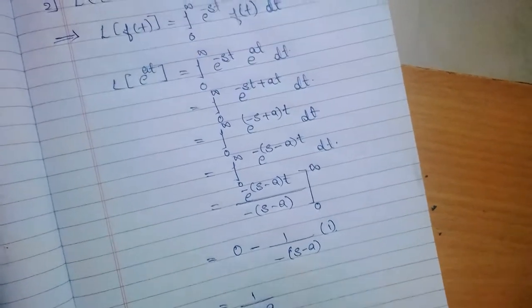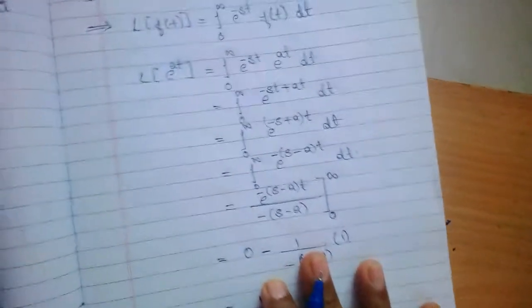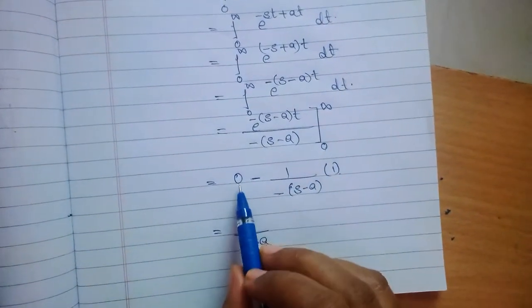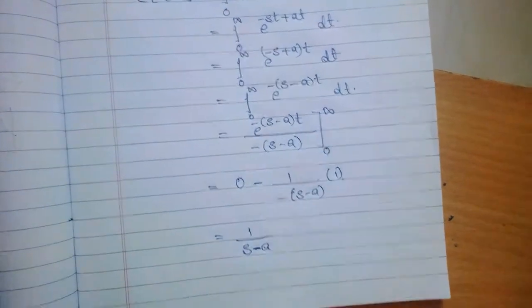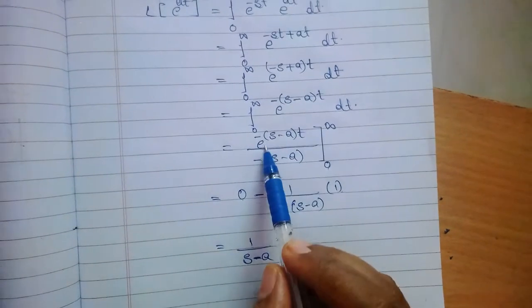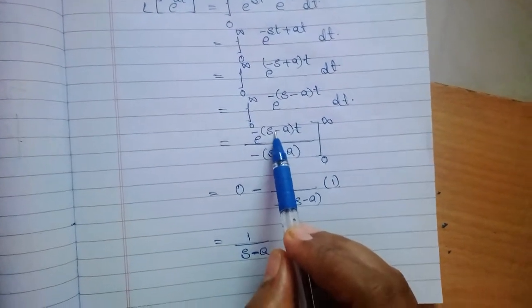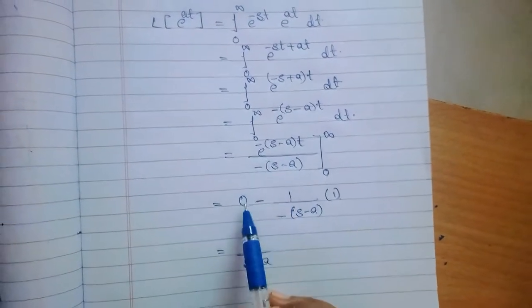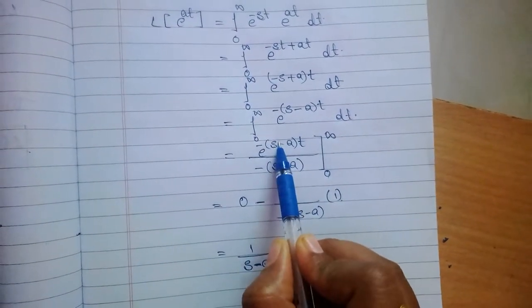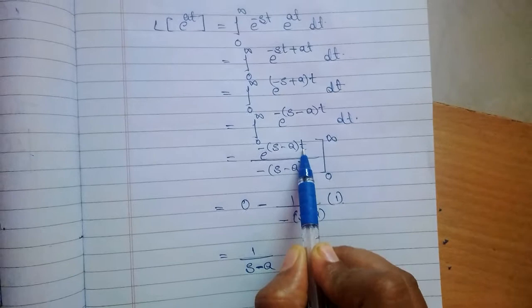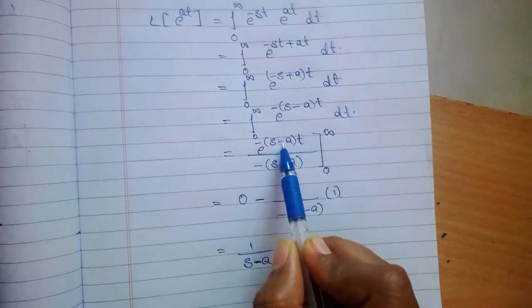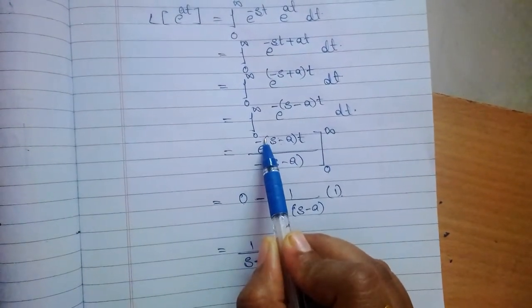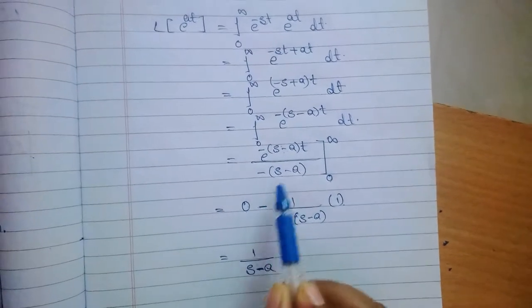See, it is 0 when we apply the upper limit. E raised to infinity into something is infinity, and e raised to minus infinity value is 0.